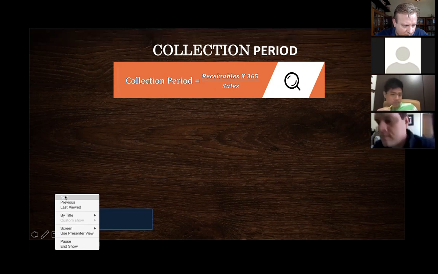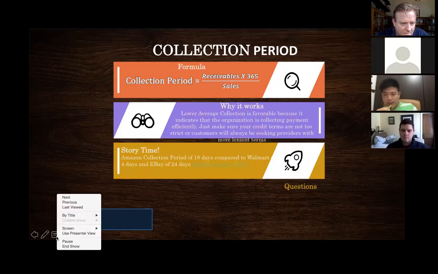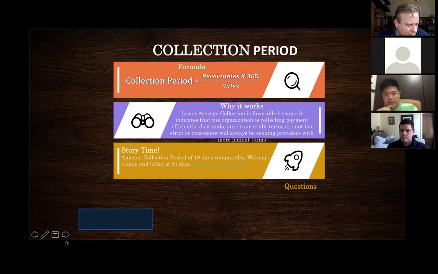A higher number would tell you that we're not collecting enough money, and from time to time we should put in tighter credit controls. A lower average collection number is really good because it means the organization is collecting payments efficiently.